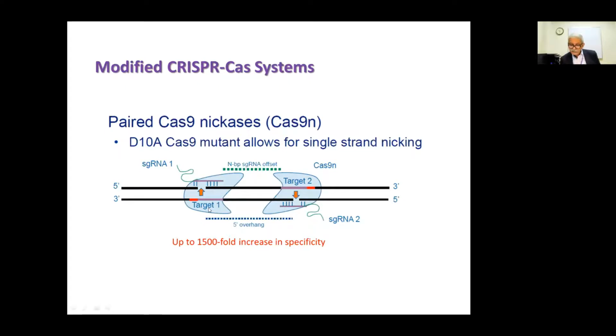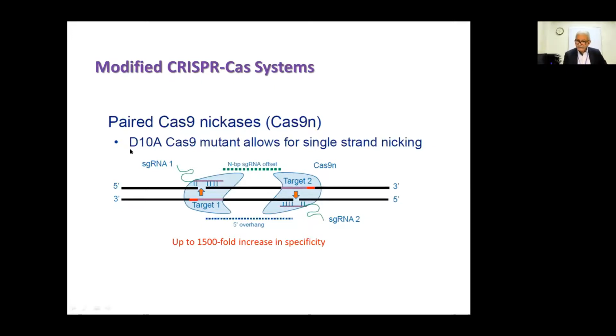So you know that Cas9 cuts 3 nucleotides away from the PAM site, right? On both the DNA strands. So what they did, they mutated the Cas9 system. And in that mutation, what did they do?